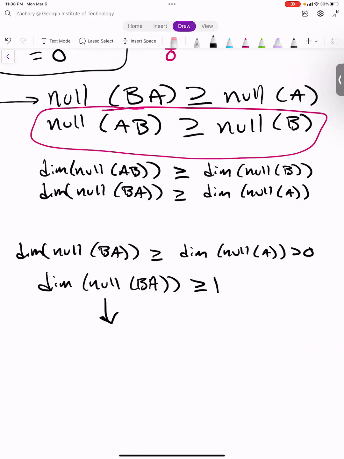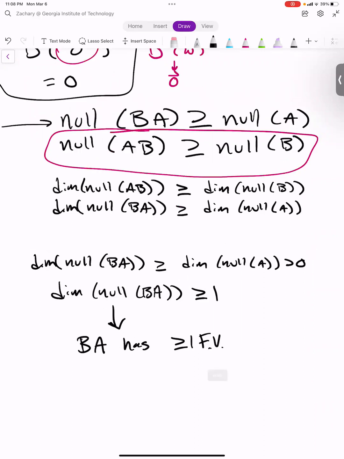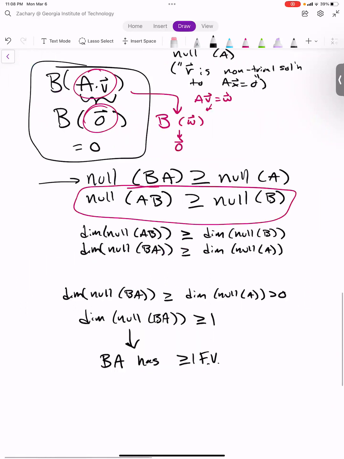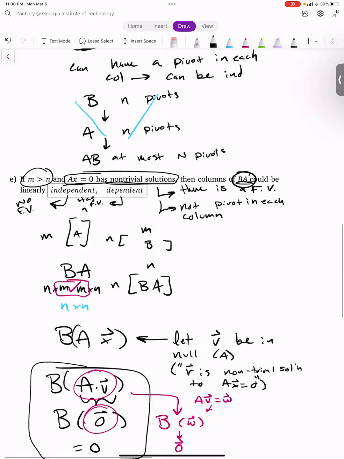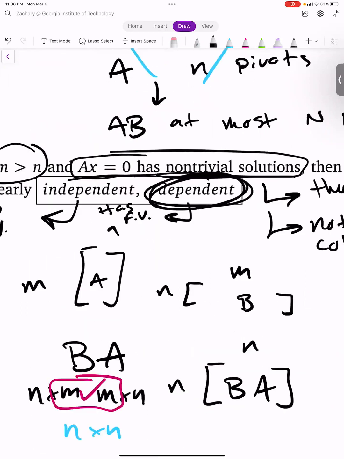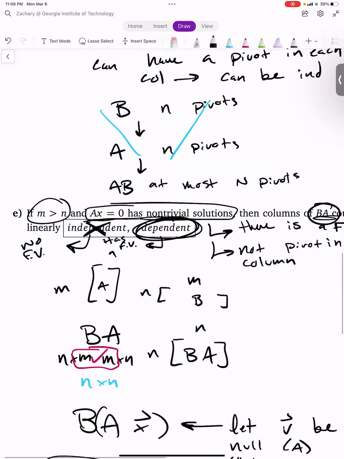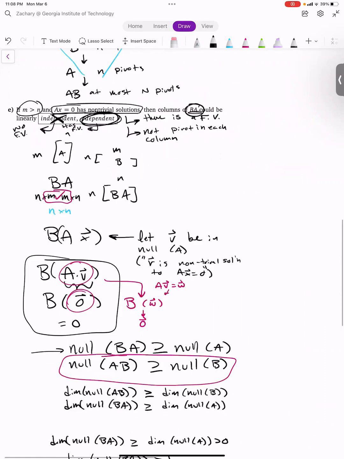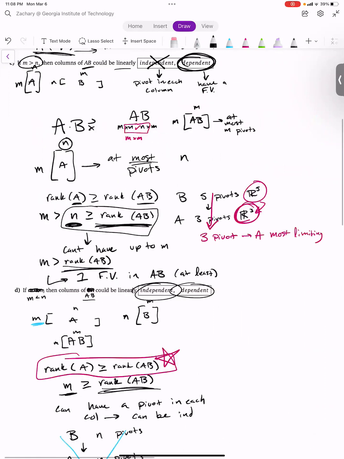This is me saying BA has at least one free variable. Thus, if it has at least one free variable, it can only be dependent. It cannot be independent. Cool. And this concludes my solution to problem 2.